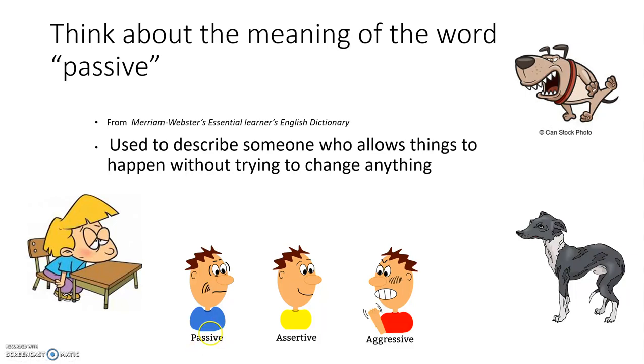He doesn't try to change anything. Assertive and aggressive people do things and try to change things. The difference is we often see assertive as a good quality and aggressive as a negative quality because maybe the person is too forceful or trying to start a fight. Anyway, it's very helpful to think about the general idea behind the word. It's going to match the grammar.